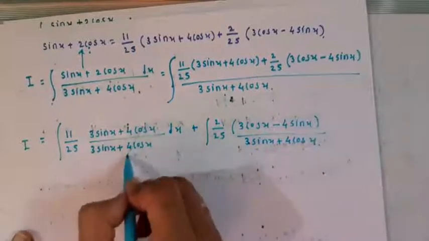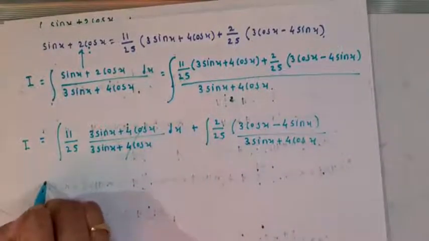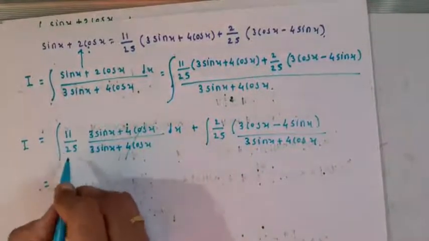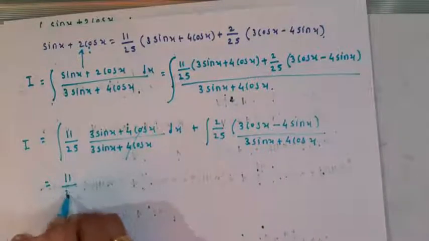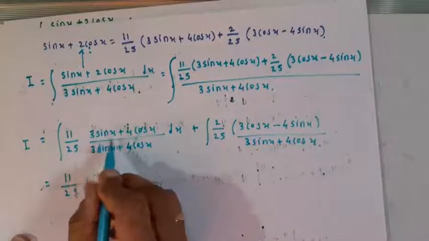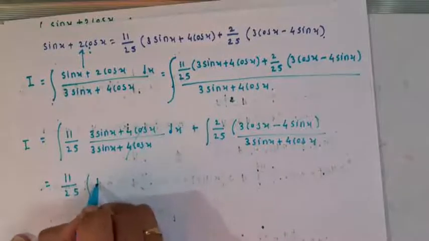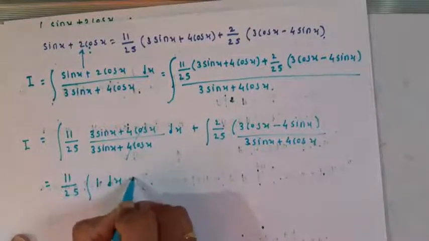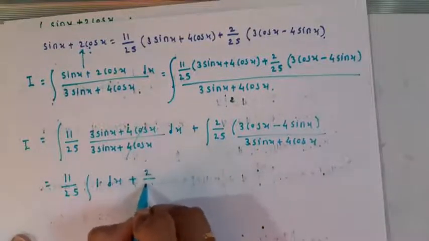Okay students, the first term gets cancelled. The 11 upon 25 is a constant, take it outside. The integral of 1 with respect to x, plus 2 upon 25.